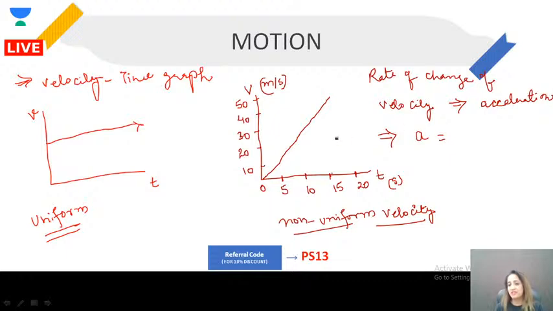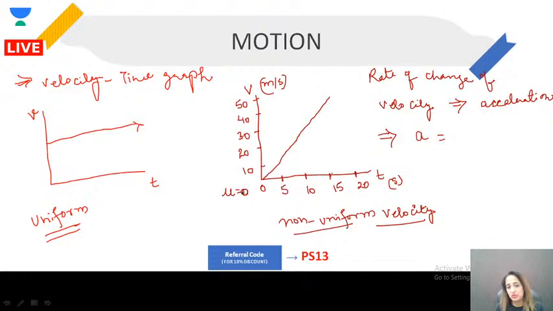And if the object is accelerating and we want to understand what the acceleration is, at any given time and at any given point, whatever the velocity is will give us an idea of its acceleration. Let's say this was its initial velocity. We denote initial velocity with u.